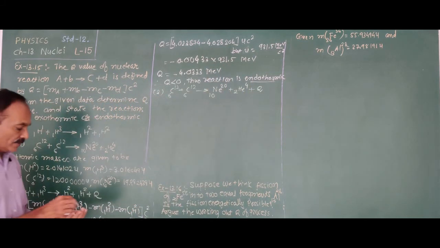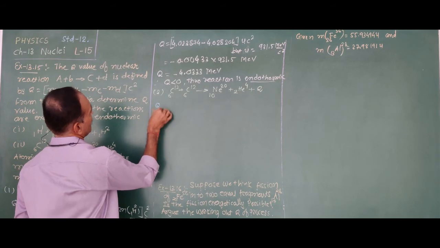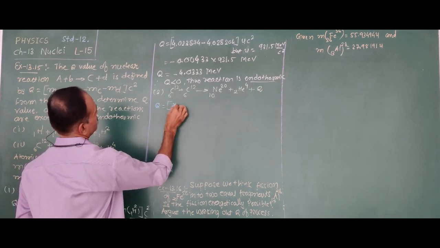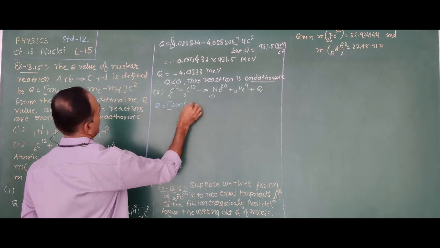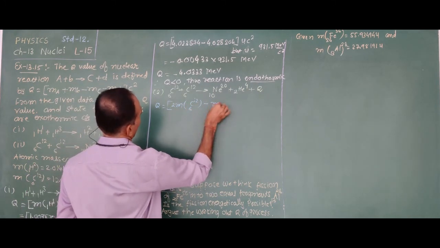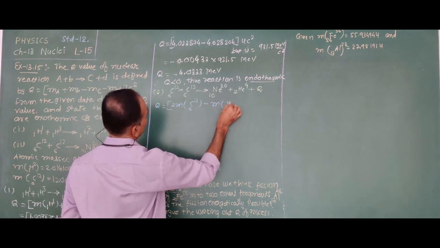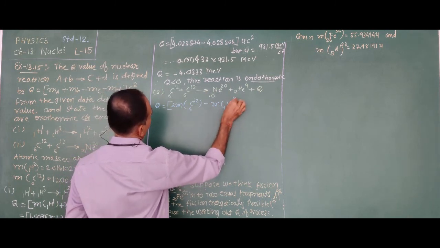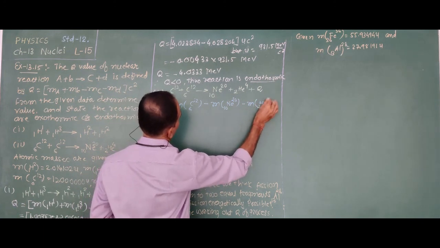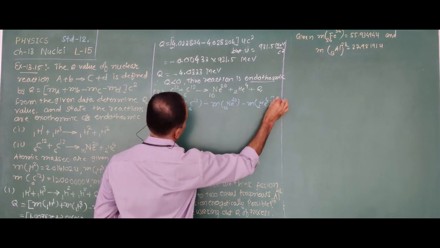Find out the Q value. Therefore Q is equal to 2 times the mass of carbon C6 12 minus mass of neon 10 20 minus mass of helium 2He4, into c square.